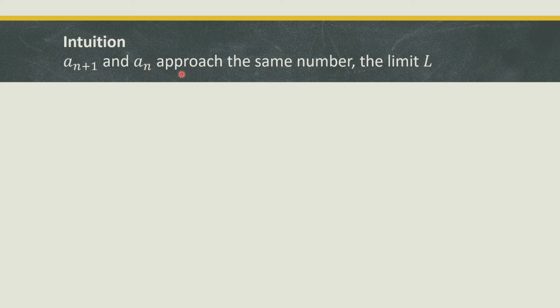In the previous video, we looked at the difference of these terms, and we intuited that the difference gets closer and closer to 0 as n approaches infinity, because these two terms approach the same number, and so their difference must also approach 0. Here, we will look at their ratio. What will happen to their ratio if they approach the same limit?